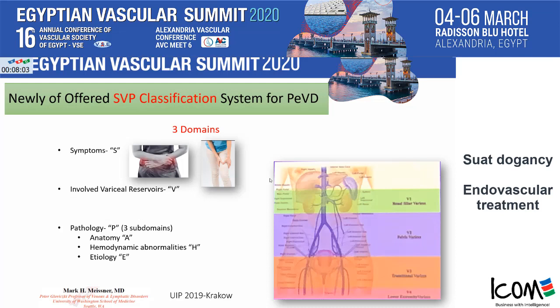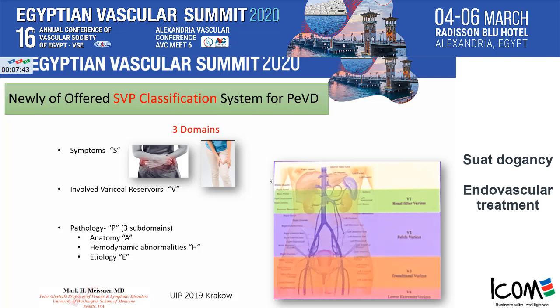At the UIP 2019, Dr. McMeister offered a new classification system, which I think we will use in the next years. It is the SVP classification: S for symptoms, V for variceal reservoirs, and P for the pathology.